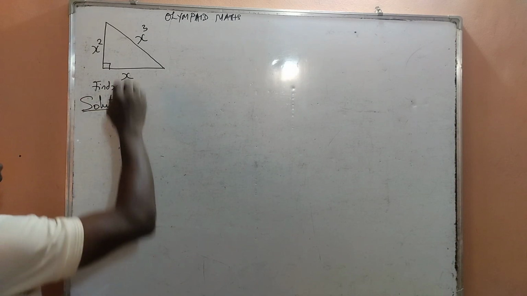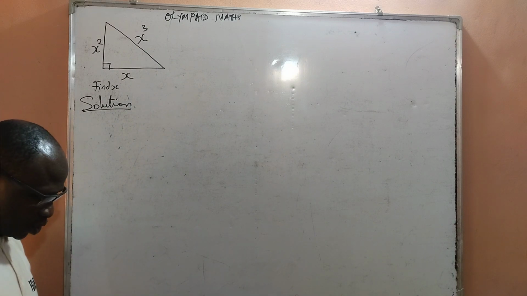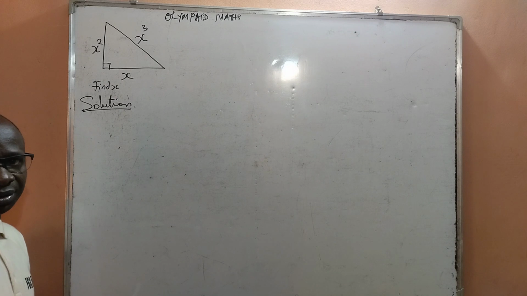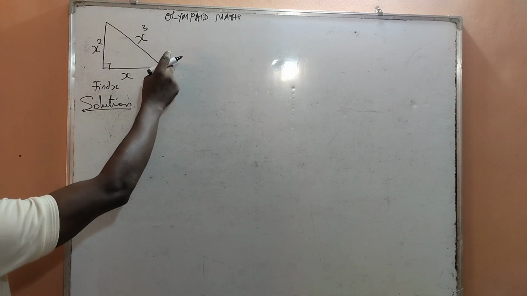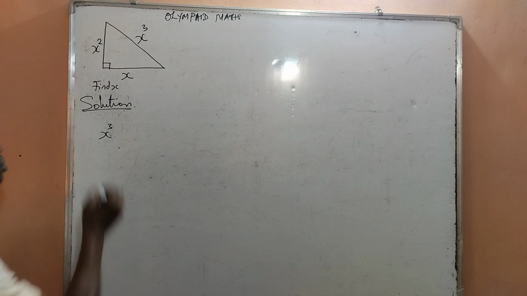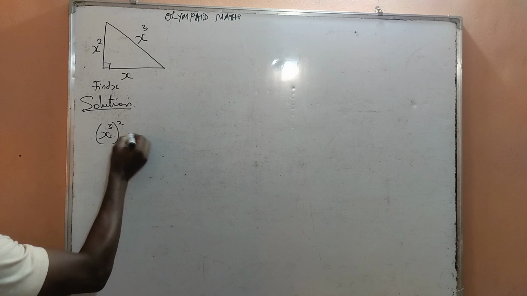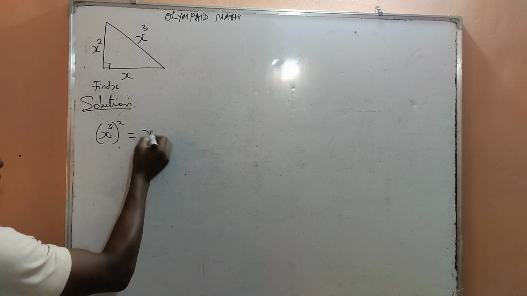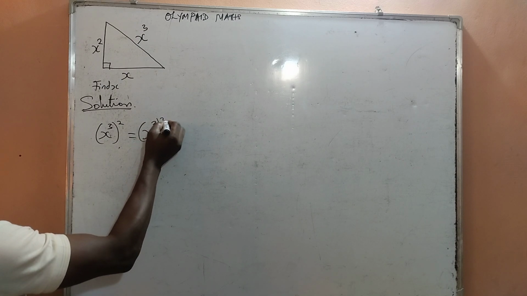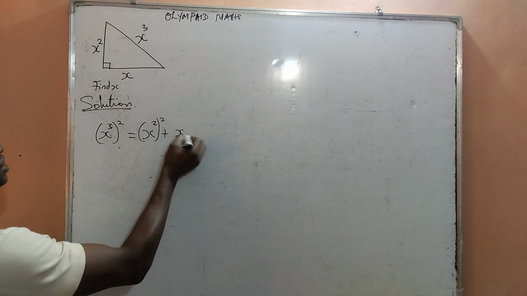Now, because it is a right angle triangle, we will approach the question using the Pythagoras method. Pythagoras theorem says that the hypotenuse side squared, which is x cubed raised to the power 2, is equal to the opposite squared plus the adjacent squared.